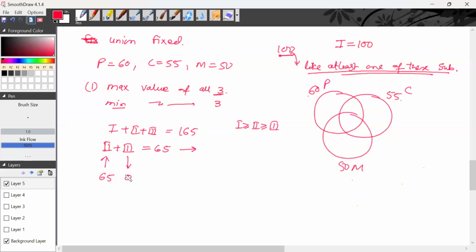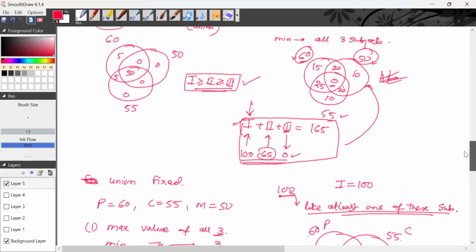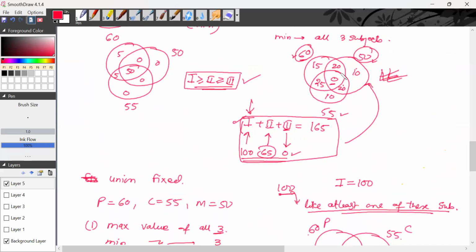ठीक है, इसके पहले वाले एग्जांपल में देखो, शायद वही हुआ था मेरे ख्याल से. If I take this example, this is 0. If I add this entire thing, this is 60. Plus 10 is 70. Plus 20 is 90.